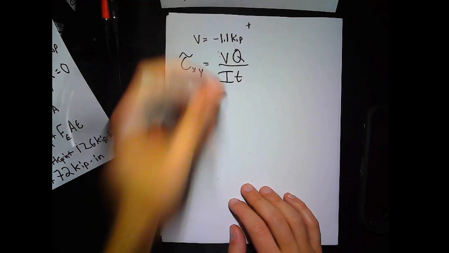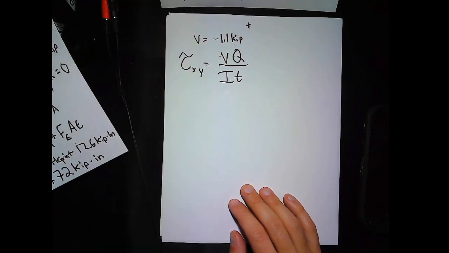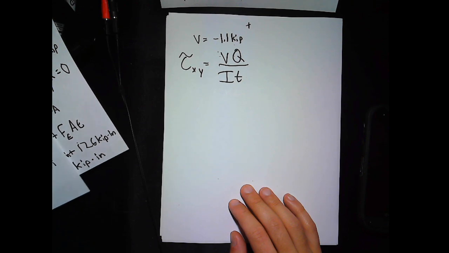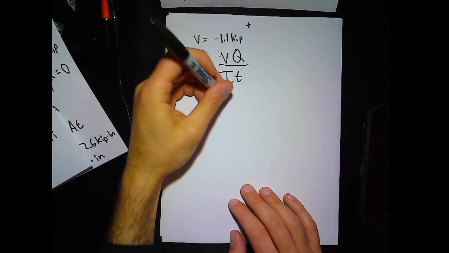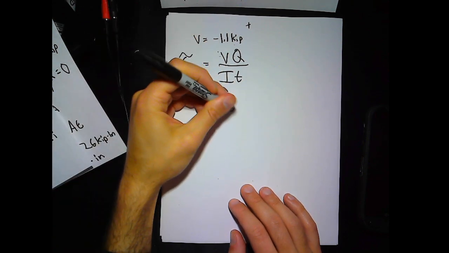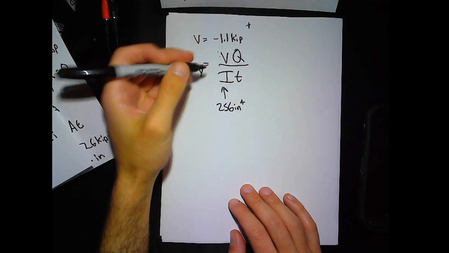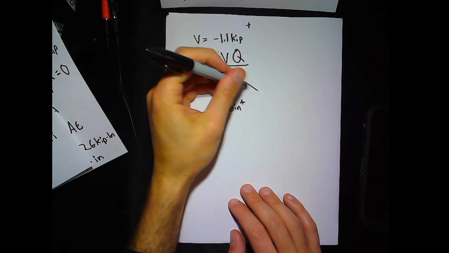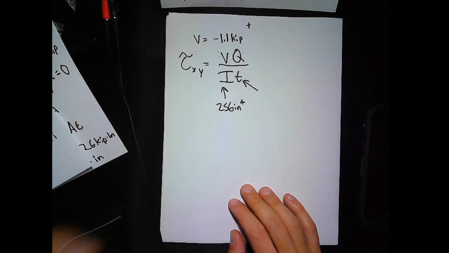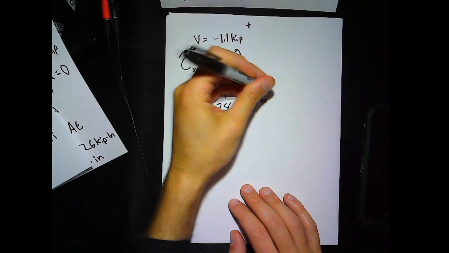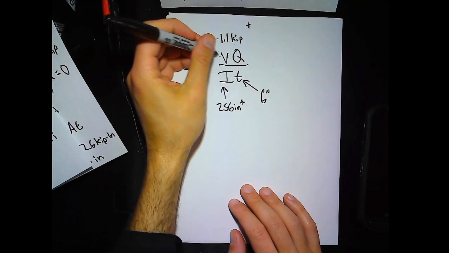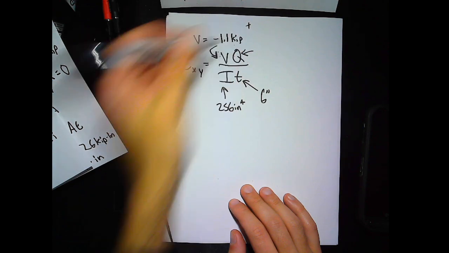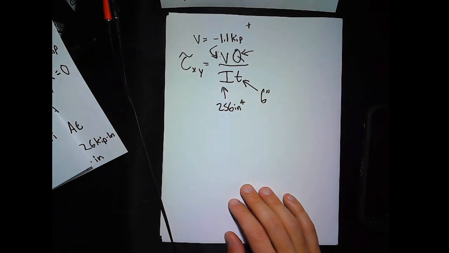We know the second moment of area, before we figured out it's 256 inches to the fourth. Thickness of the thing is constant. The whole beam is 6 inches across. V, we just have there. Q is the only thing that we have to ponder about a little bit.